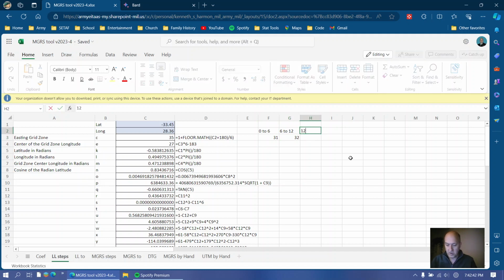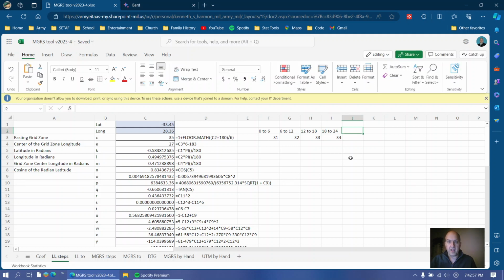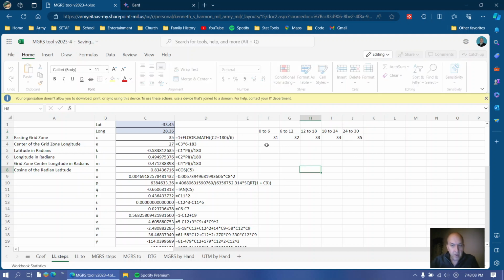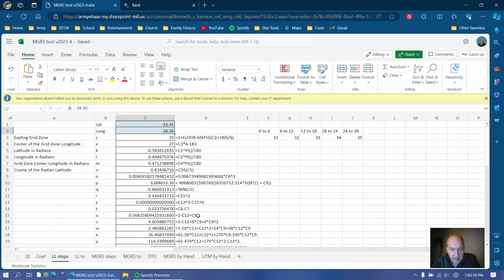And if you go 12 to 18, that is grid zone 33. And if you go 18 to 24, that's grid zone 34. And then 24 to 30, that's grid zone 35. Well, we're at 28, so you can see that that's grid zone 35.